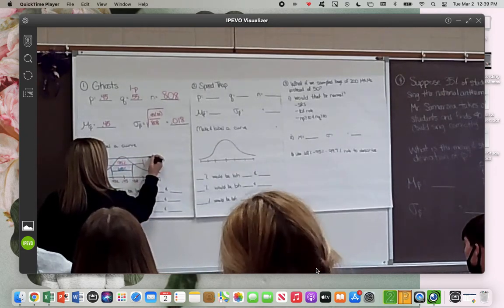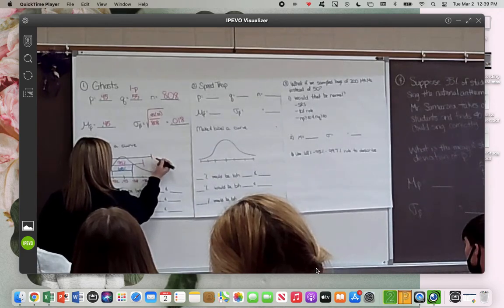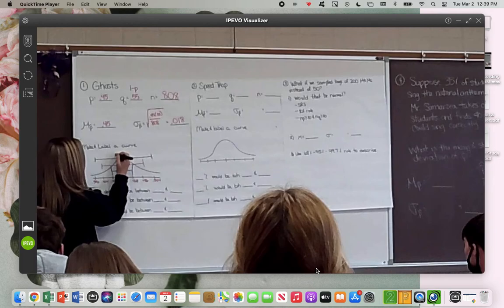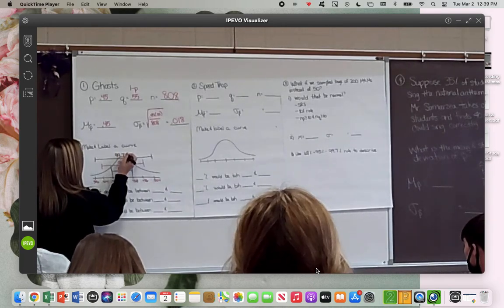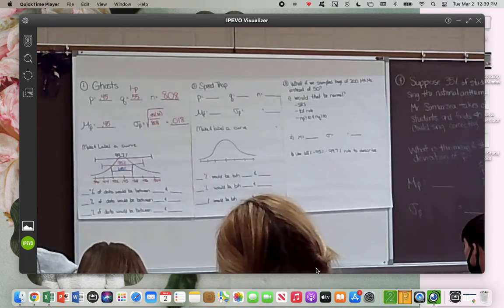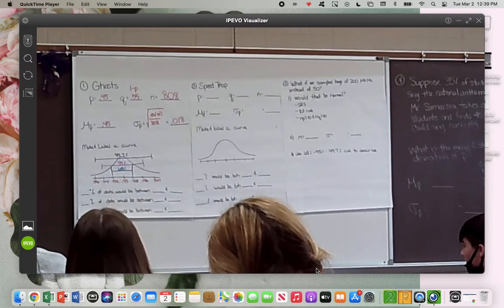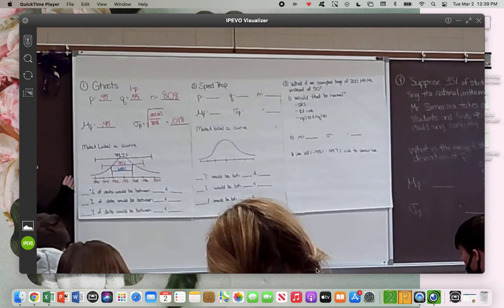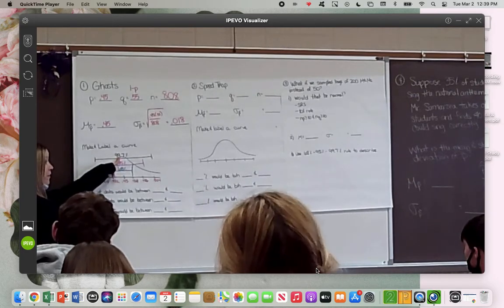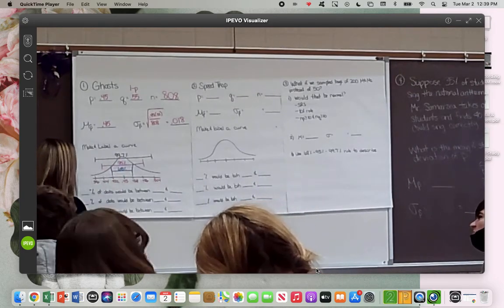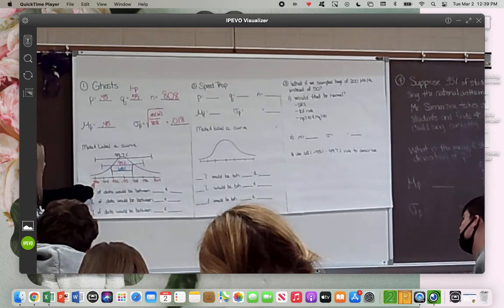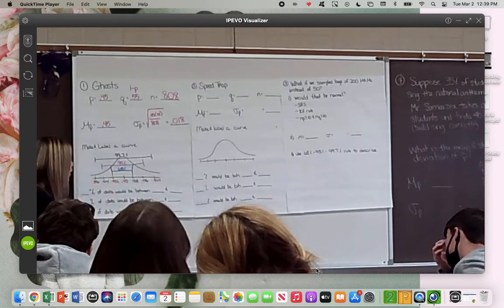And for -3 to +3, 99.7. And you might see some textbooks say 99.5. But what this is telling us here is the majority of the data, like almost the entire data set, is going to fall in between 39.6% and 50.4%.